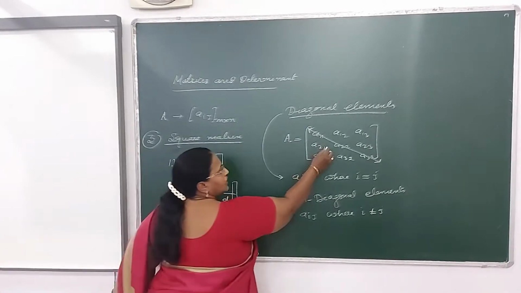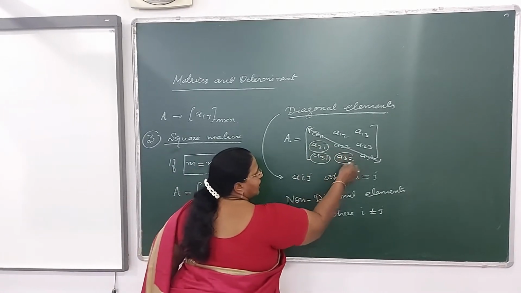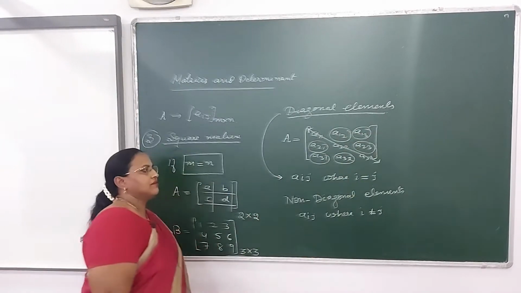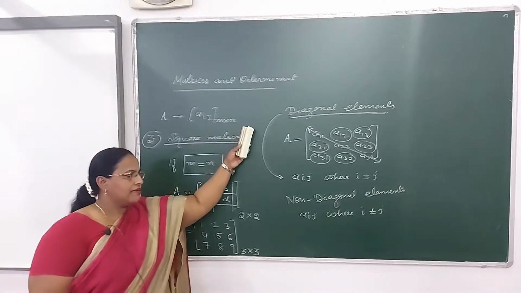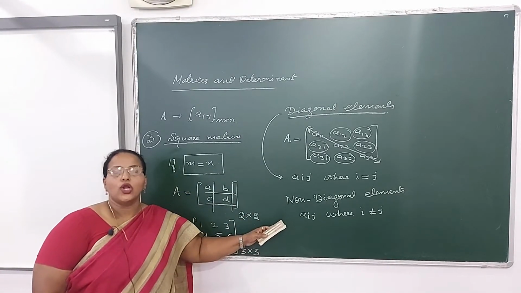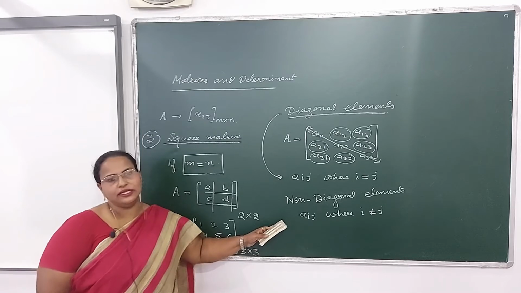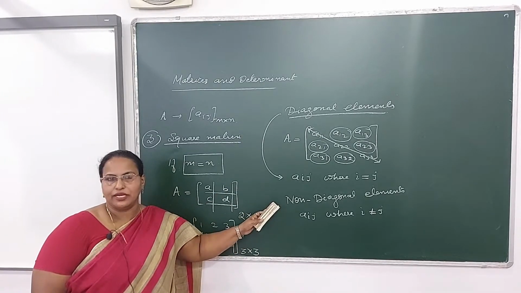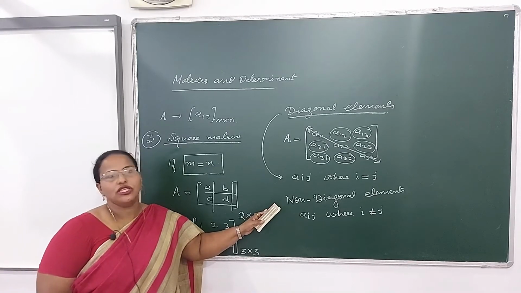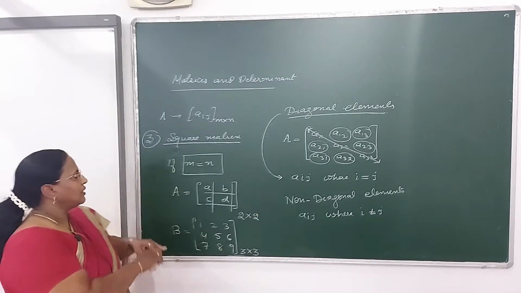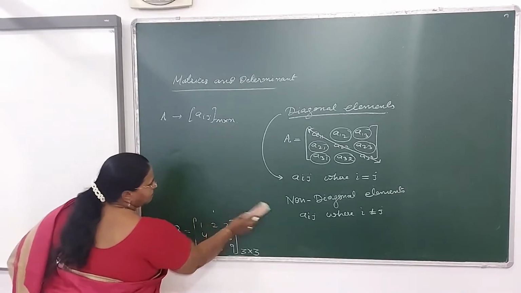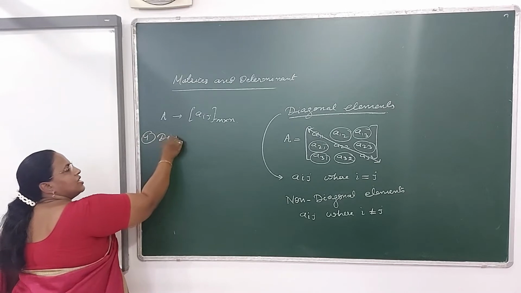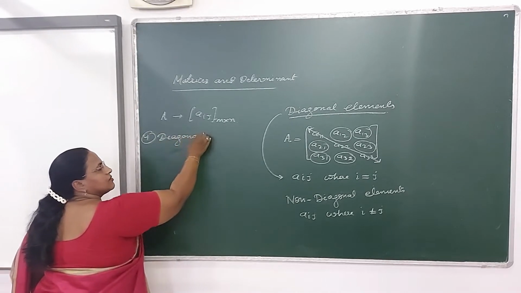That means all these elements are called non-diagonal elements. So diagonal elements, and the second one is non-diagonal elements. Now you know the difference between diagonal and non-diagonal elements. Now we'll move to the fourth type of matrix. See the fourth matrix, that is the diagonal matrix.